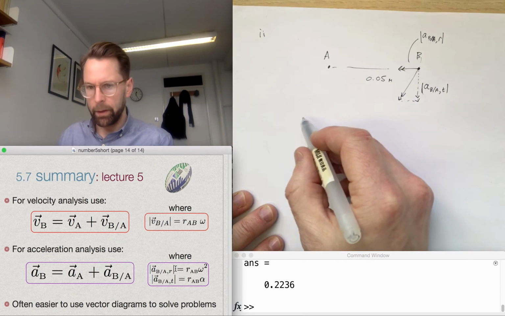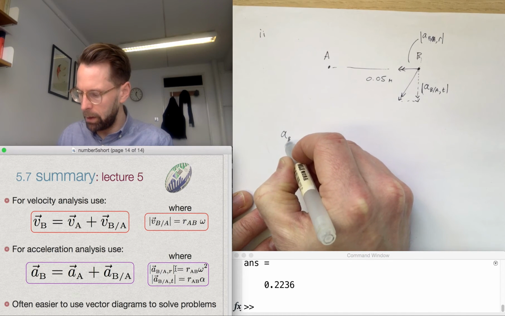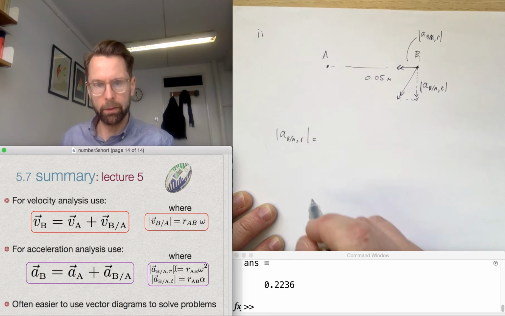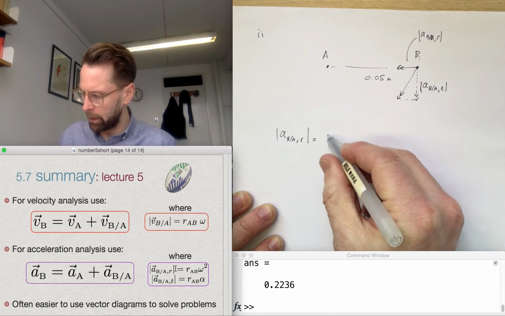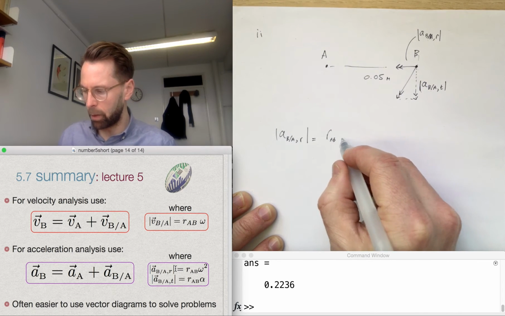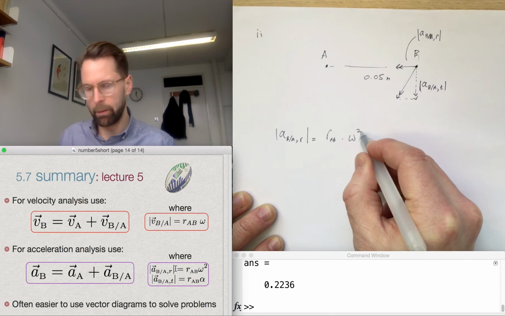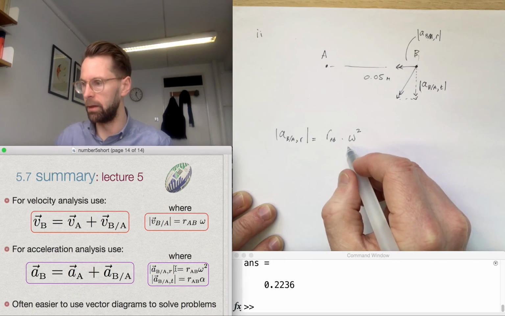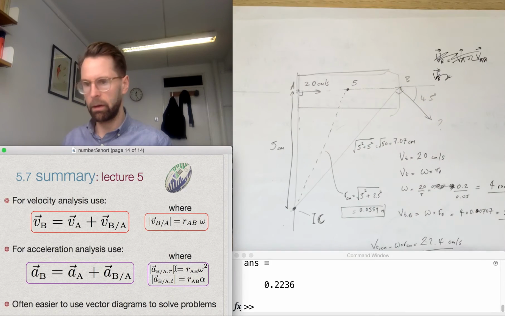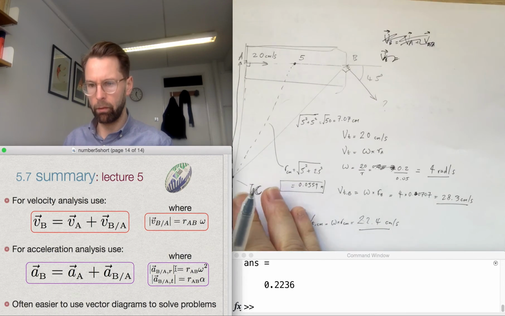So the acceleration of B relative to A in the radial direction, so the centripetal component, is equal to RAB, so this length, multiplied by omega squared. Now omega we calculated in the first part of the question, which was 4 radians per second.